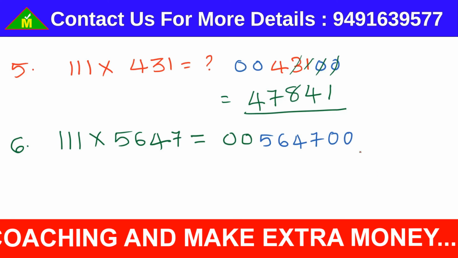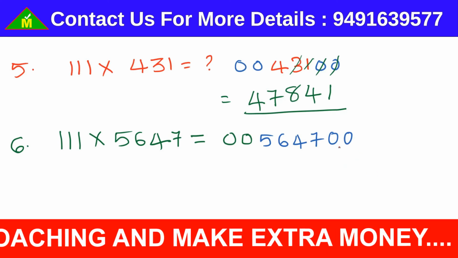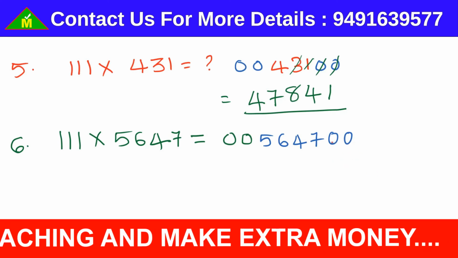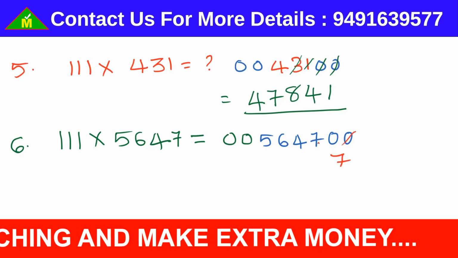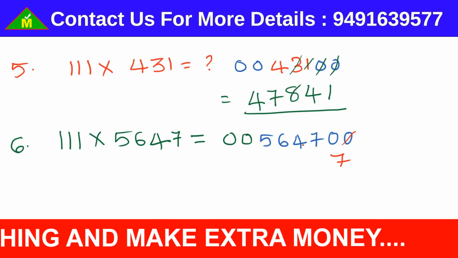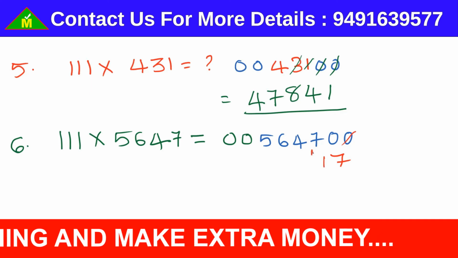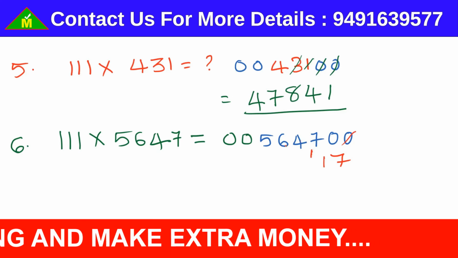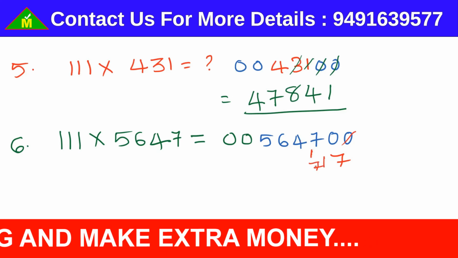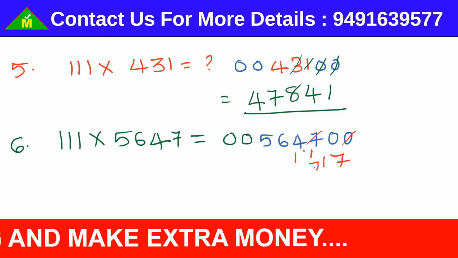Now from right to left add 3 digits each time. 0 0 7, 7, 0, 7 4. So 11, 1 carry. So 7 4 6 is 17, 7, 1 carry.